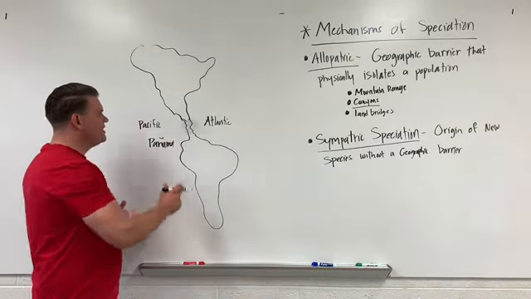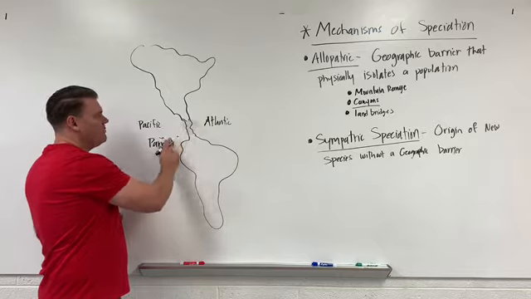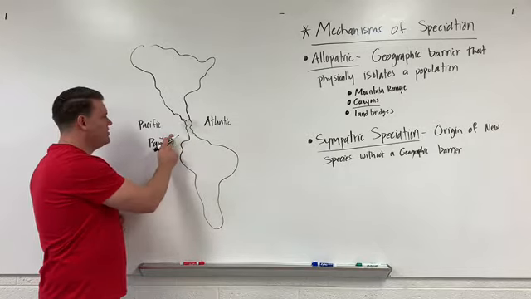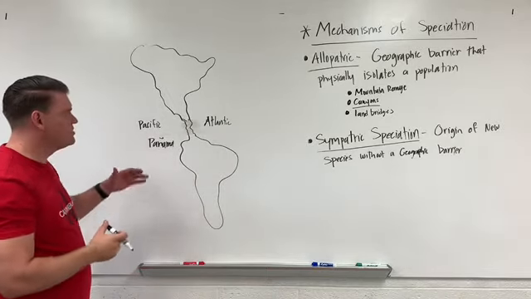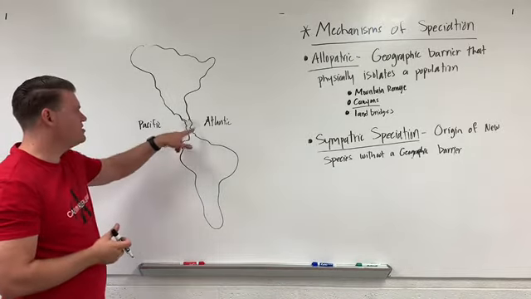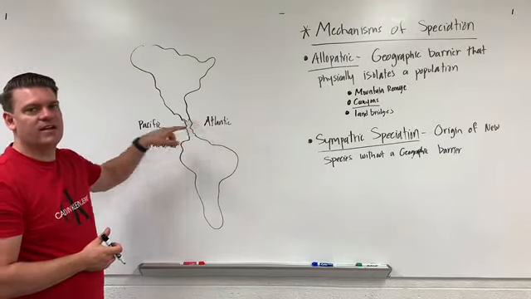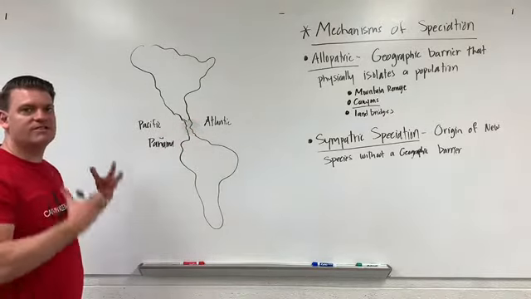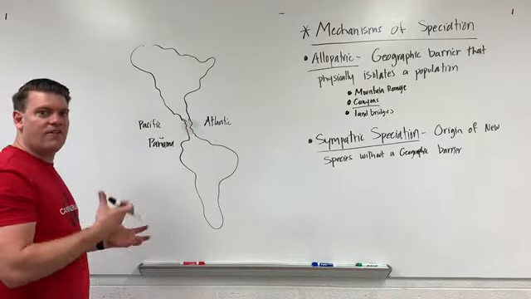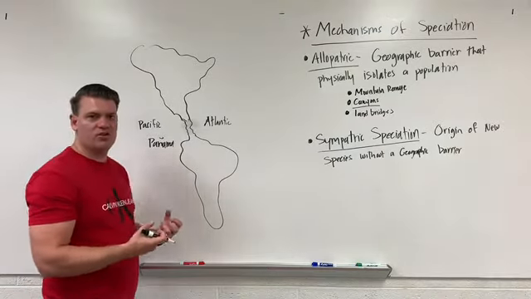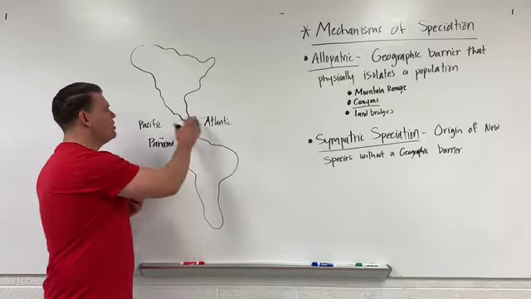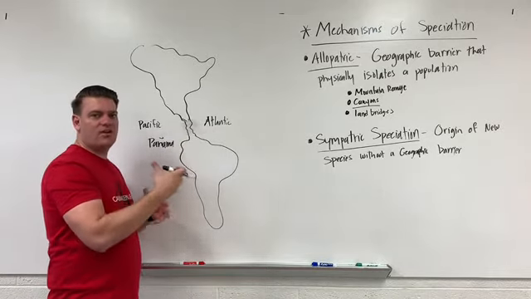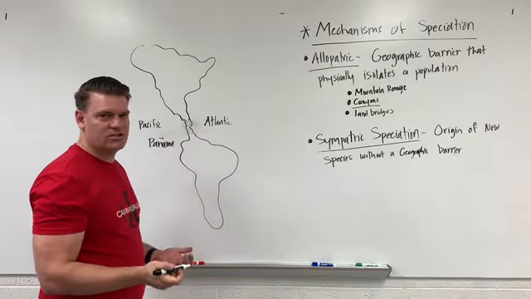And due to that, now you have different environmental factors happening to the fish on the Pacific side and different environmental factors happening to the fish and other animals and other plants and other organisms, not just fish, on the other side. And because of that, over thousands and millions of years, they're having these different environmental cues, and natural selection is acting on these species differently. So it used to be one population, now could turn into multiple populations.